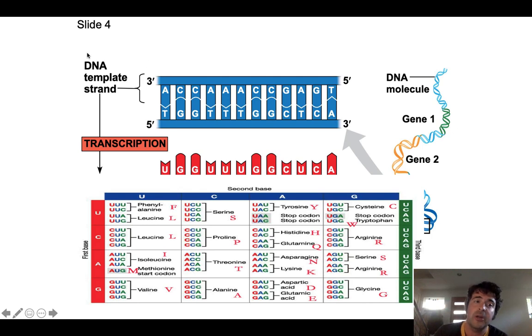Well, transcription is when DNA is being used to make RNA, and we'll think of it as mRNA at the moment. So we match our complementary base pairs because the product of transcription is mRNA. So we say, okay, adenine's going to form complementary base pairs with uracil, cytosine with guanine, and you go through that whole process. Now you have a single-stranded molecule that's ready to wiggle out of the nucleus to do what it's going to do.